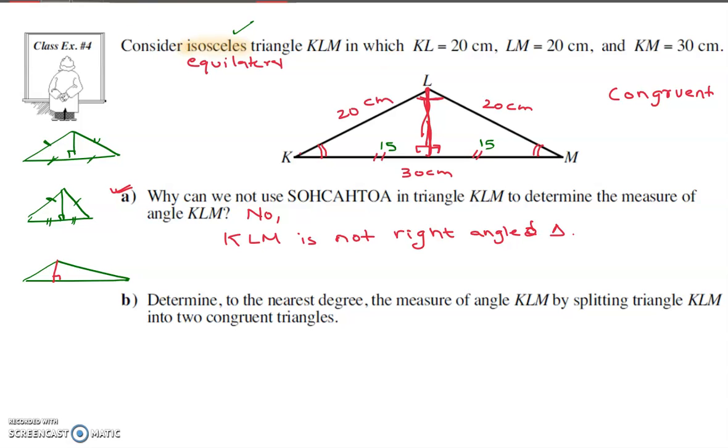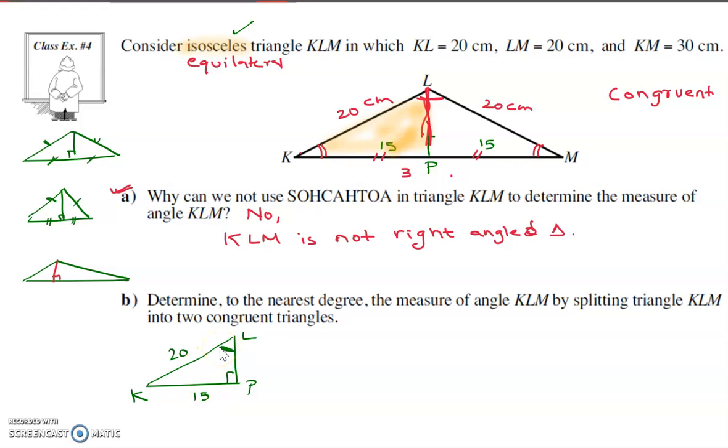So what we're going to do is focus on one of those triangles, one side of them. Let's call this point P here. We'll get confused between opposite and adjacent if we call it O. So if I just take this one triangle, KLP, I know this side is 20, this side is 15.